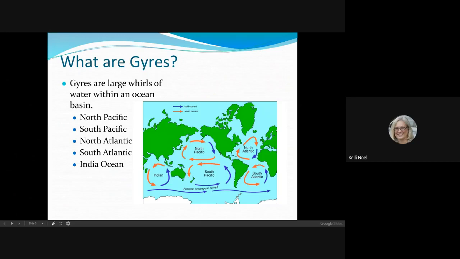Large whirls of water within an ocean basin. They're still showing the same circular patterns. The maps are just different. You don't necessarily need to write what's in the bullets. You just need that definition.